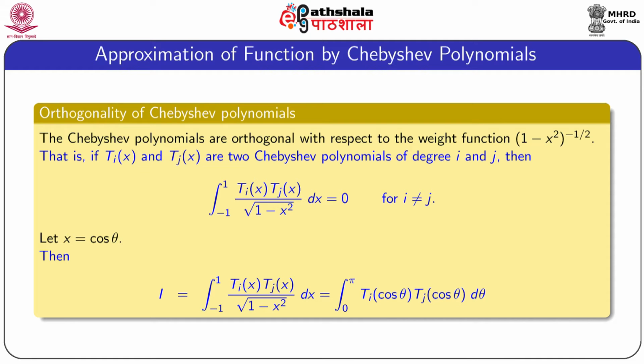Then the integral is denoted by I, where I equals the integral from −1 to 1 of Ti(x)Tj(x) divided by √(1 − x²) dx. After substitution x = cos θ, this integral becomes the integral from 0 to π of Ti(cos θ)Tj(cos θ) dθ.